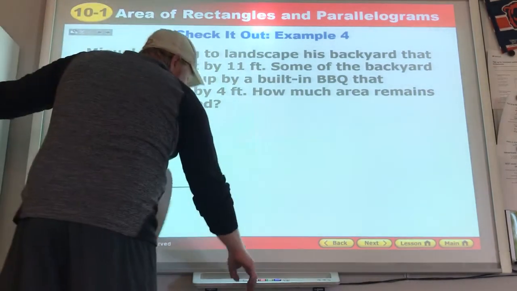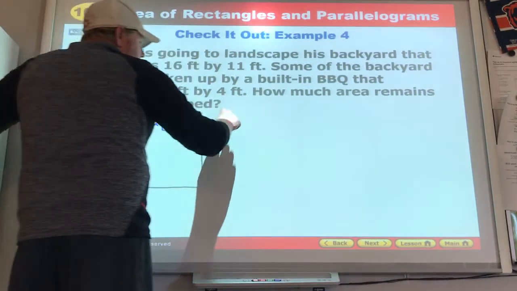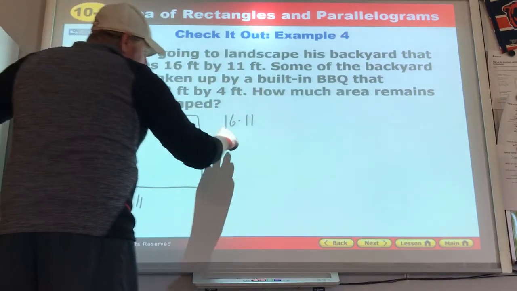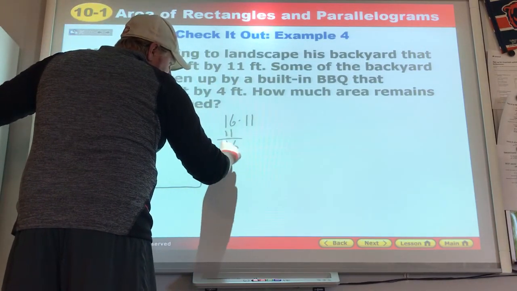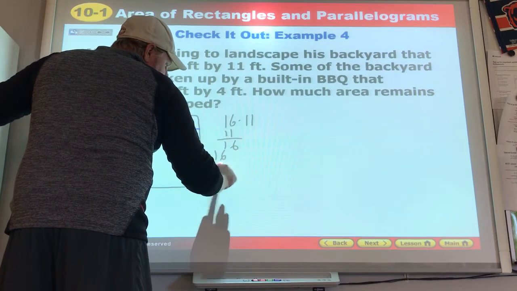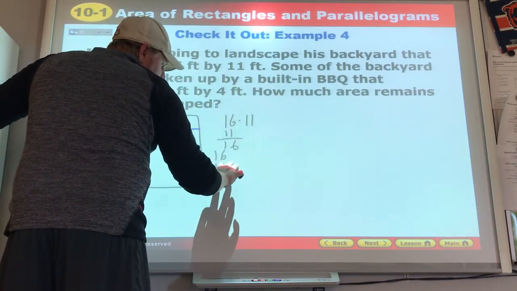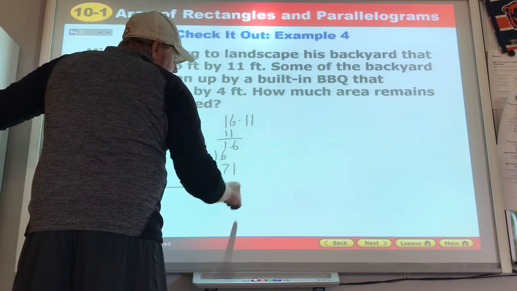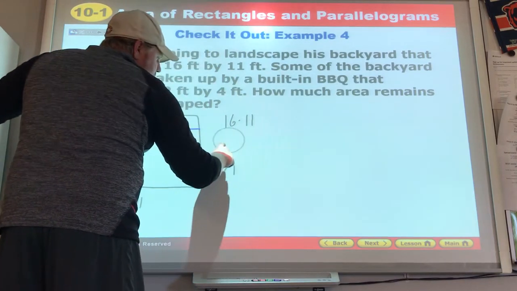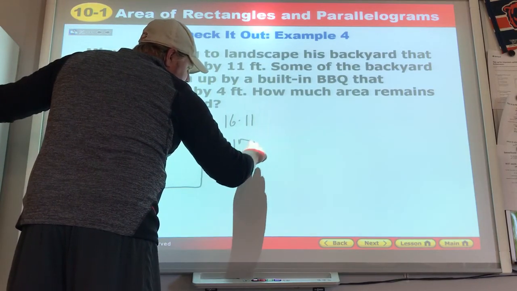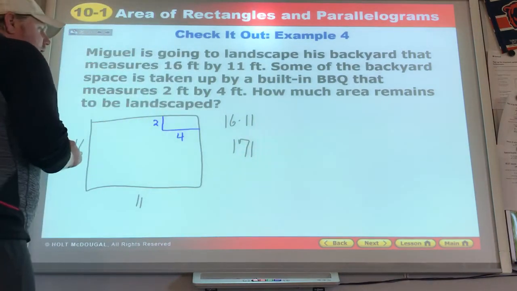Hopefully we'd say, find the area, 16 and 11. 16 times 11, let's do the math real quick. I get 171 feet squared.